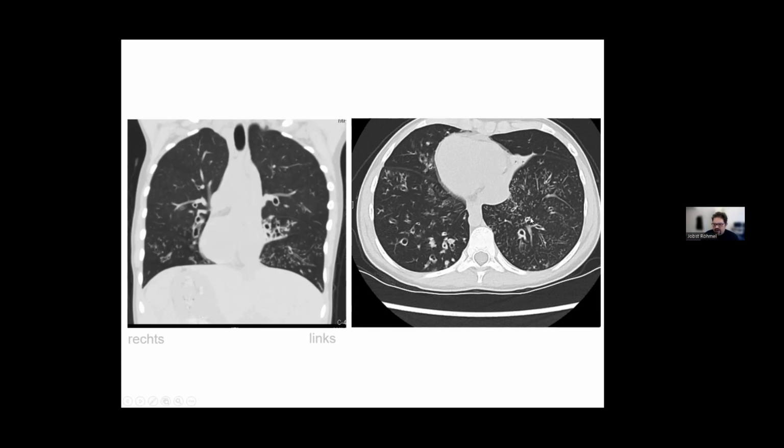And those white dots you see everywhere, that's called the tree-in-bud sign, like a tree that is in bud. And this is also very typical for PCD, and it's not only there when they have exacerbation, but it's always there. And in the lower lobes, it's just mucus in the smaller airways. So this is what it can look like later in life.